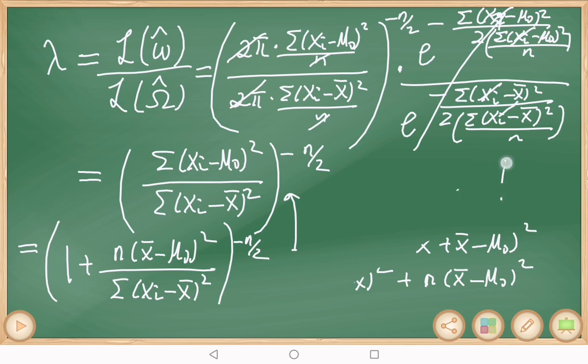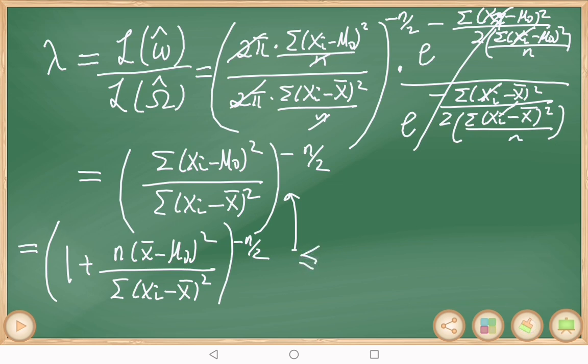To proceed, we will use the Neyman-Pearson lemma. That requires the likelihood ratio to be bounded by some constant k. So what do we do here?